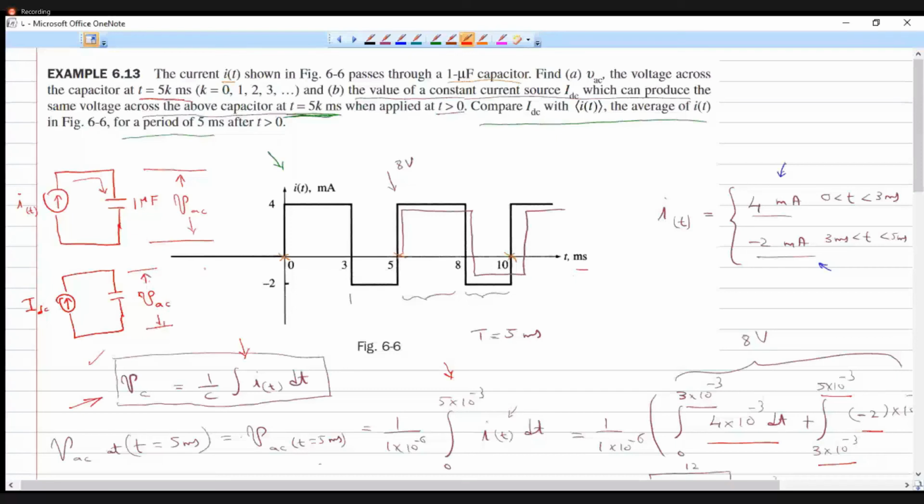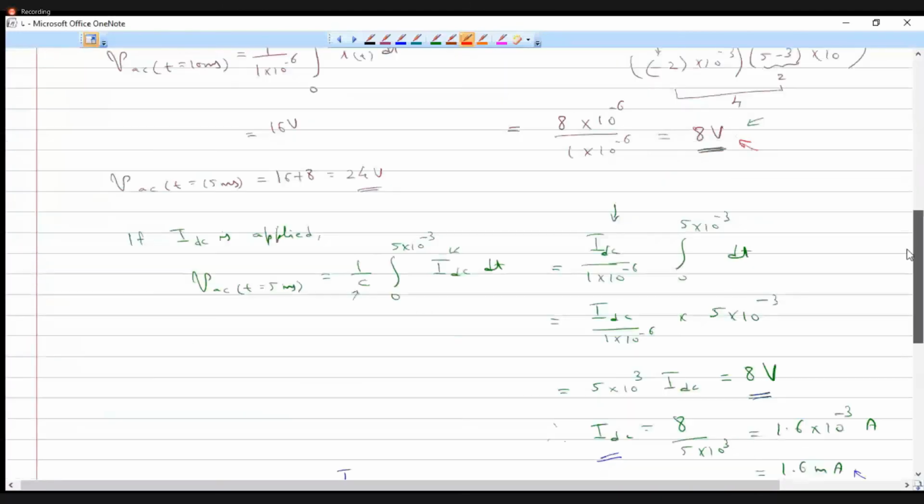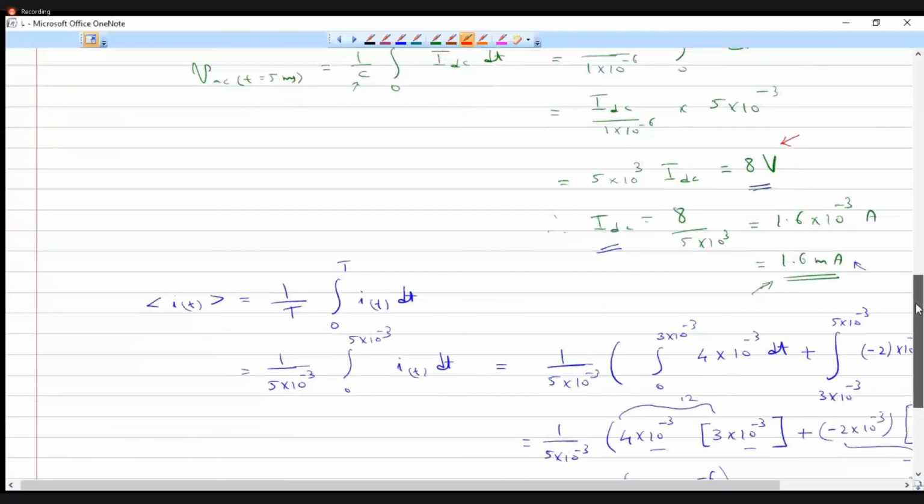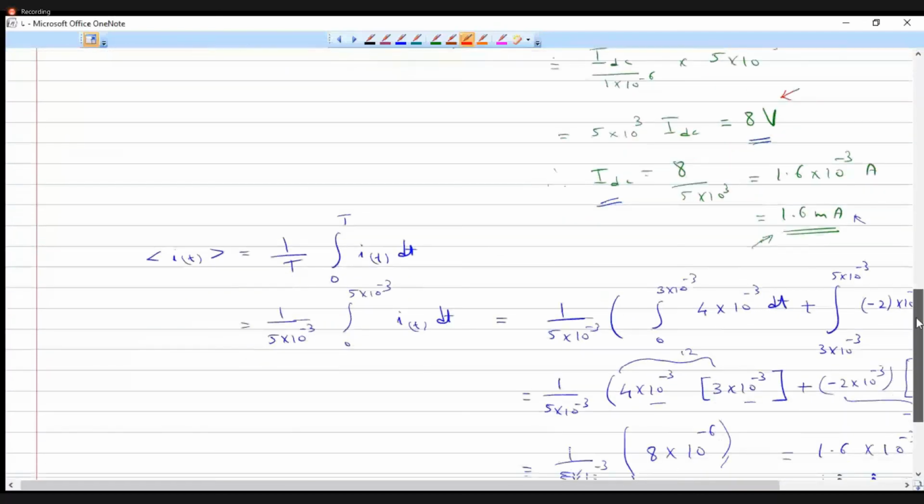We were able to mathematically prove that this IDC should be equal to the average value of the time varying current that we applied in the earlier case. So to develop the same voltage, that is the 8 volt across the capacitor, we should apply the average value of this current.